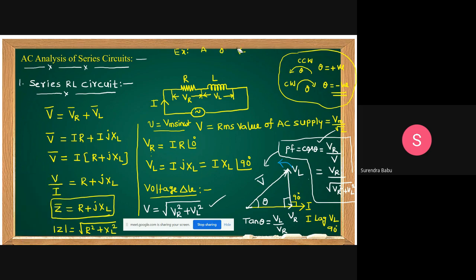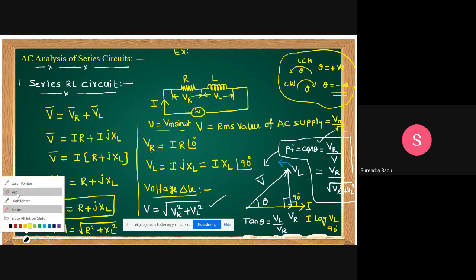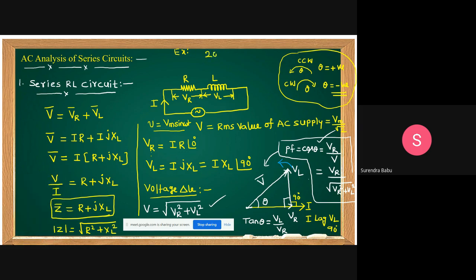Then how much RMS value can you substitute? If 20 volts peak to peak is given, then the peak value equals 20 by 2, which is 10. If you want the RMS value, again you divide by root 2. So the RMS value equals 10 by root 2.